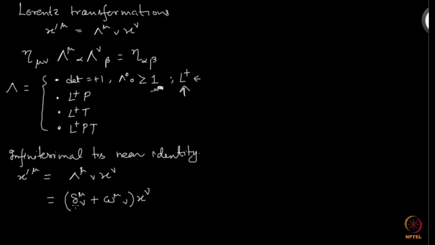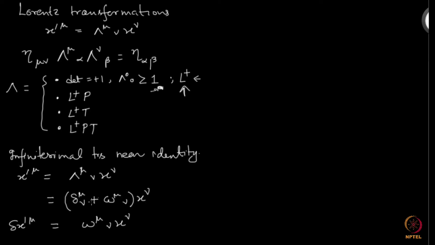Here the first piece, delta times x^nu, gives you again x^mu. So the change in x, x' minus x, is just this part: delta x'^mu is omega^mu_nu x^nu.